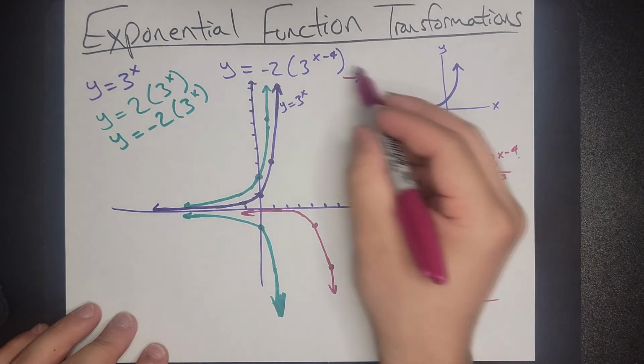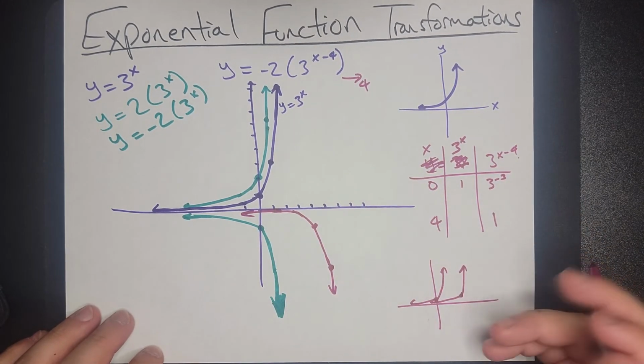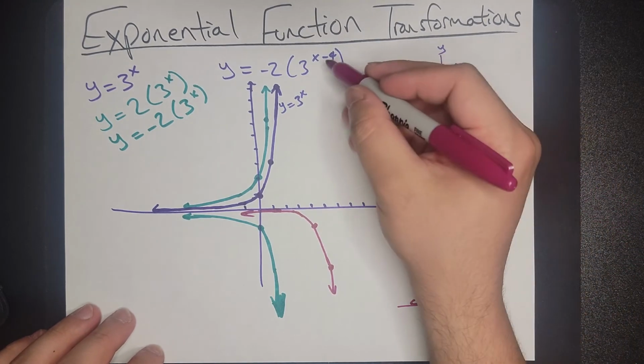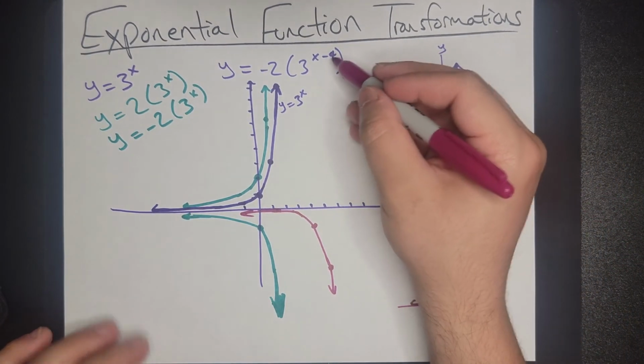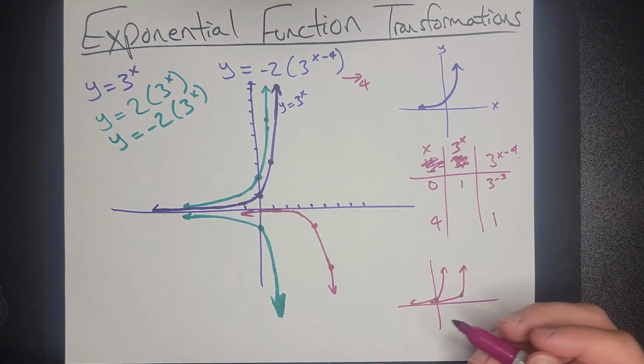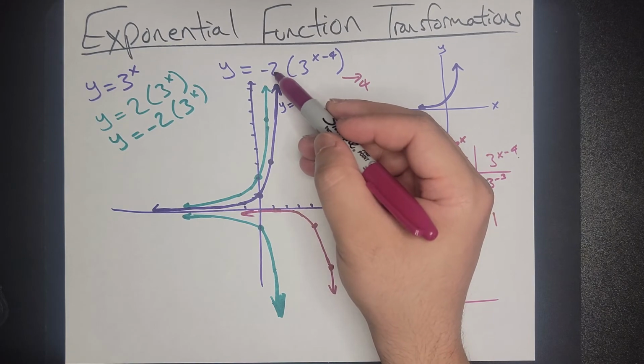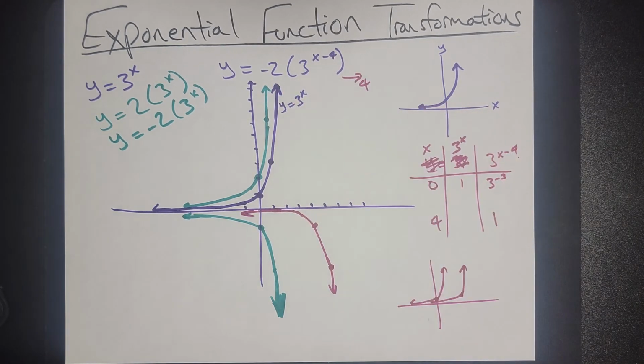That is why this horizontal translation moves that way. And again, if you had plus 5 there, or plus 4, it would move the opposite way. So yeah, we have our reflection on the x-axis, we have our stretch, we have our horizontal movement.